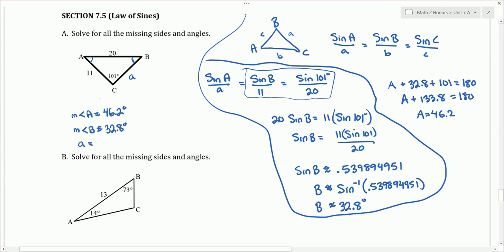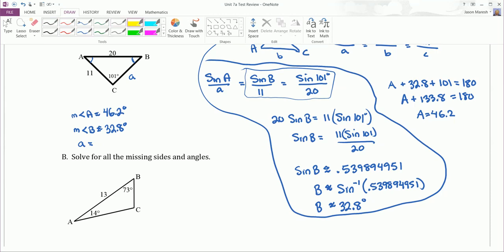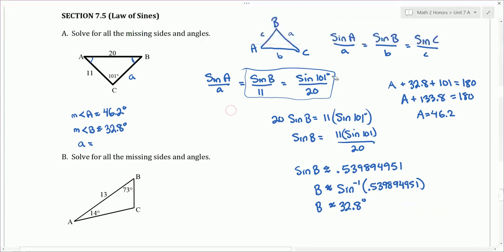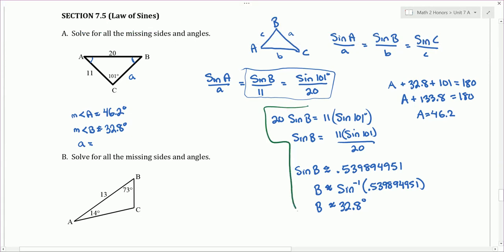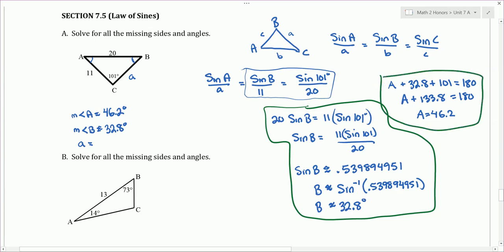And lastly, we're after side length A. And now I'm going to go back to that original fraction that we set up. And this time I'm going to use, doesn't matter, I'll maybe use the first two. And plug in what I know.